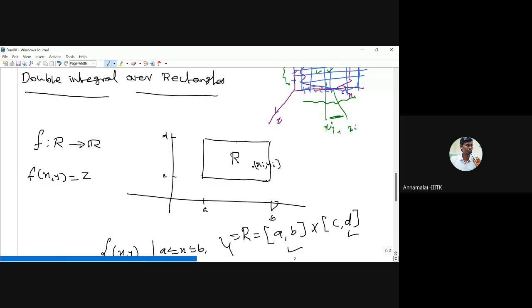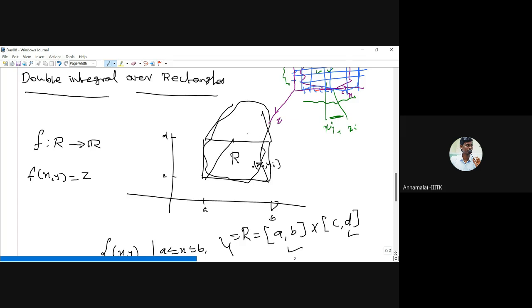So you'll get some region bounded below by the bottom and bounded above by the surface f. It is very difficult to visualize the graph, but the base is this, and for each point you get a height, so you get a graph like this. It is a region bounded below by R and bounded above by this surface f.